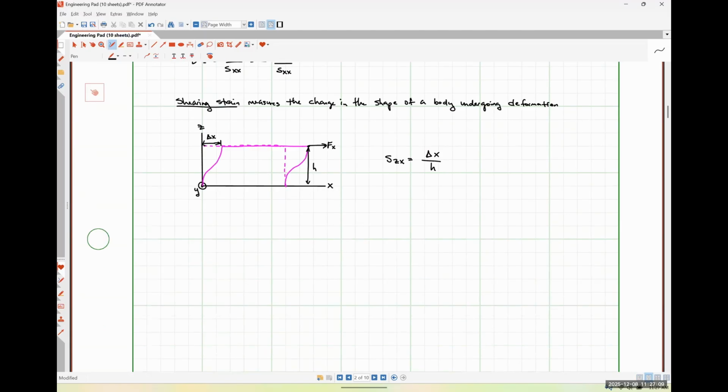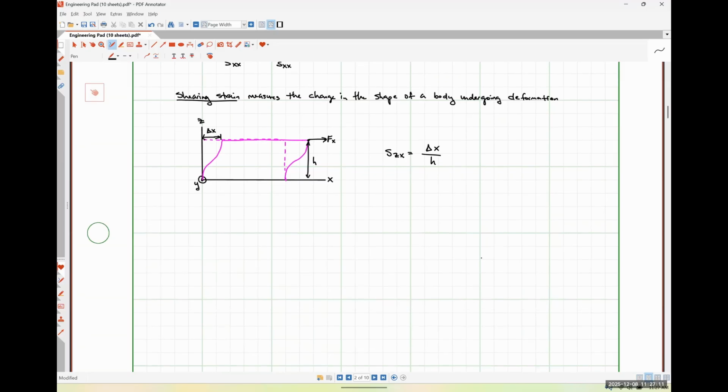So stress and strain are related to each other by a constant called the modulus of elasticity.